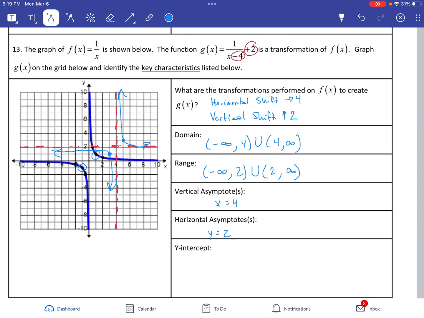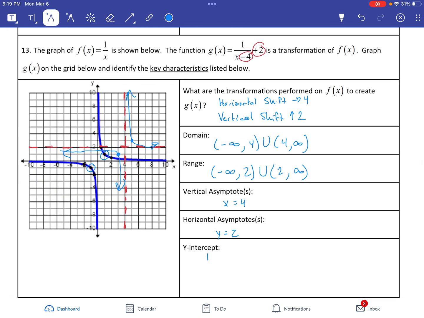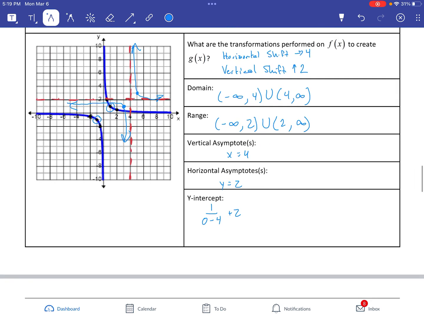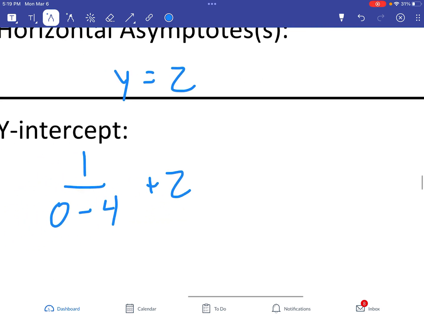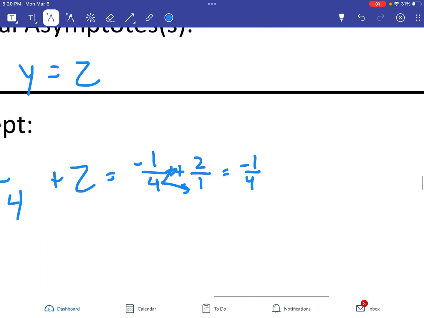My y-intercept, I have 1 over 0 minus 4 plus 2. Zoom in on this. So we have -1 over 4 plus 2 over 1. I'm going to multiply the 4 to the top and the bottom of my other fraction. So I get negative 1 over 4 plus 8 over 4.